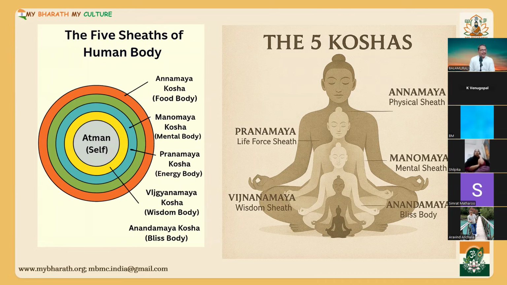Anandamaya Kosha is the final body. Ananda is a blissful state. Now, one example of Anandamaya Kosha is your sleep. When you sleep, what happens? Your Annamaya Kosha is not active. Pranamaya is a little active always. Manomaya is mostly shut. Vijnanamaya, you are not aware of it. But you are totally away from all the activities of your life.